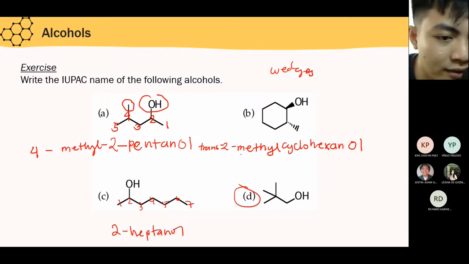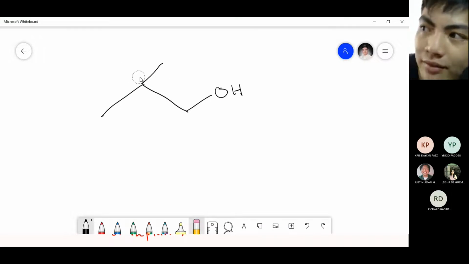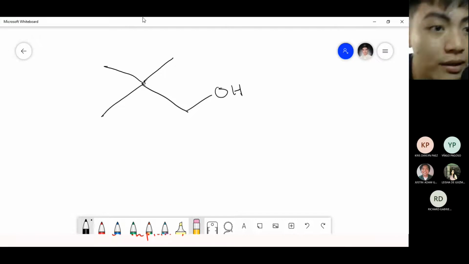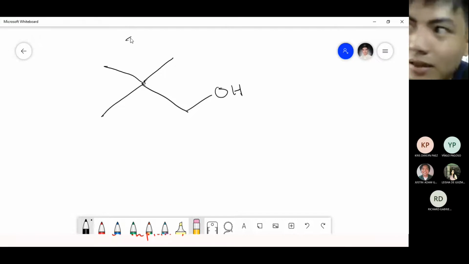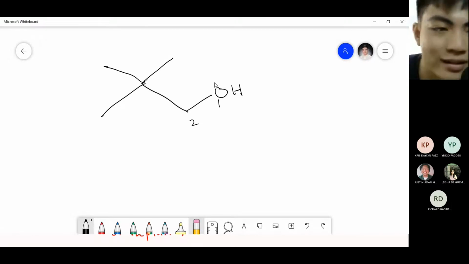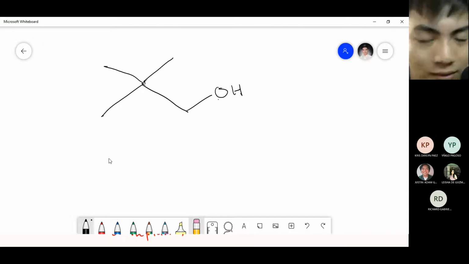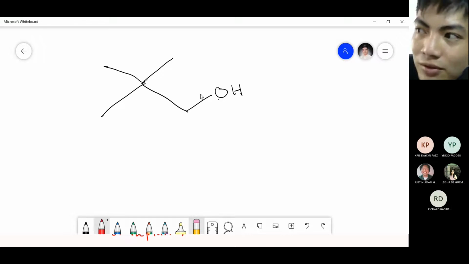Yeah, it looks like that. Okay. Ayusin ko lang. So ganito na. Siyempre minsan nakakalito yung OH, di ba? Kasi isipin nyo yung carbon yan. So 1, 2, 3. Pwede ganun. So ako, ang isa-suggest ko na gawin nyo is takpan nyo muna yung OH.